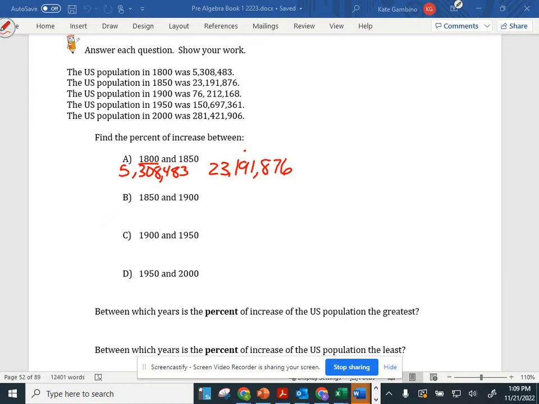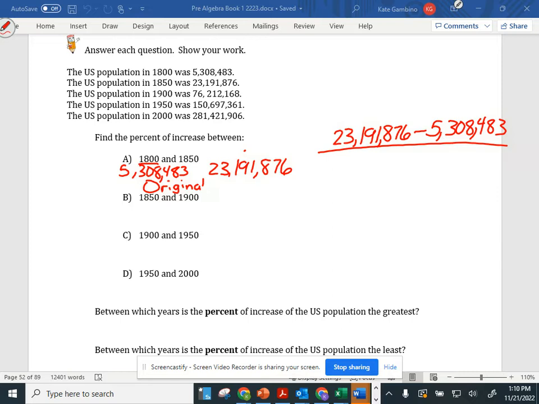So remember, am I just gonna put the subtraction sign right there? No, this was my original amount. So just because that's the original doesn't mean it's the first number because we don't want the negative numbers. So when we put it into our formula, 23,191,876 minus 5,308,483, what number goes on the bottom?